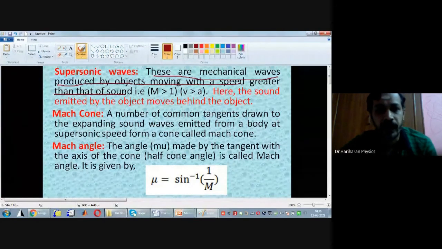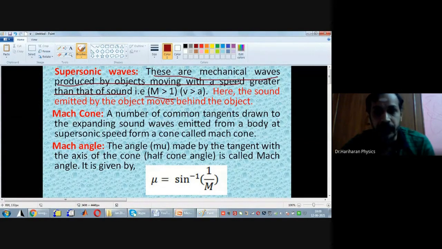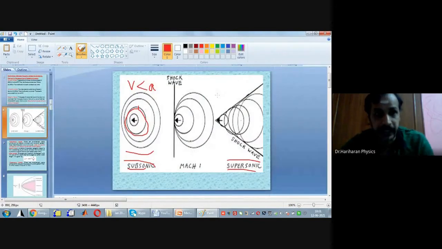In that case, what will happen to the Mach number? Mach number will be 2, or Mach number is going to be greater than 1. If the object moves at a speed greater than the speed of sound, the sound is going to be behind the object. The sound emitted by the object will be behind the object. That is clearly illustrated in this figure.